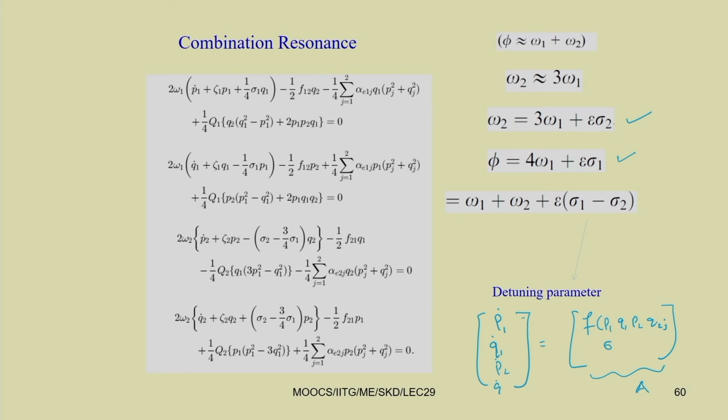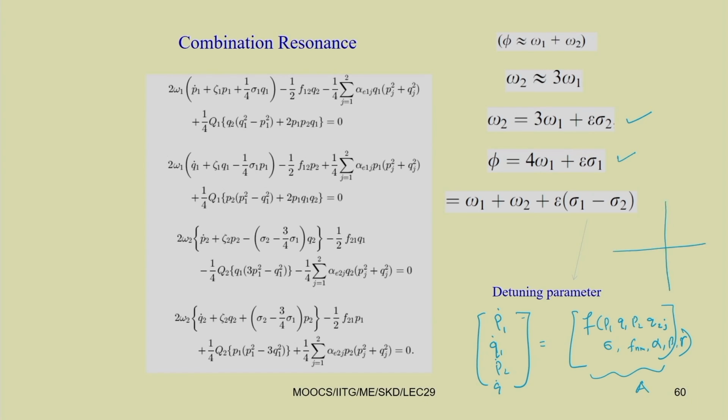So, the coefficient of cubic nonlinearity and the coefficient of the forcing function will be functions of all these, forcing f and m and then alpha, beta and gamma. Now perturbing this equation, we will get the Jacobian matrix, and by finding the eigenvalues of the Jacobian matrix, we can study the stability.